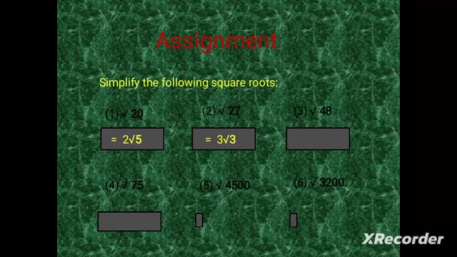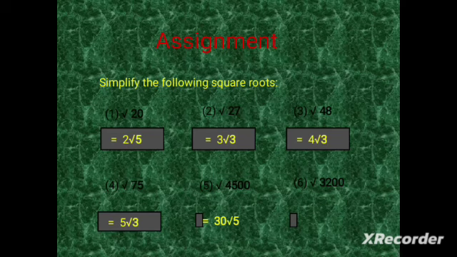If you do that very well, you will get 3 root 3. Root 48, it is 4 root 3. My appeal to you is that you first do the assignment, so that later on you get to check with the answers that have been provided.